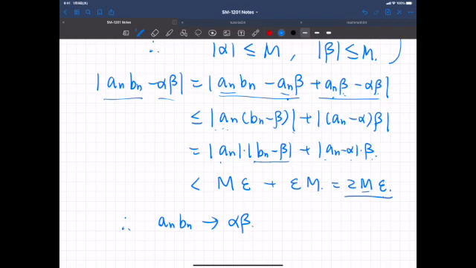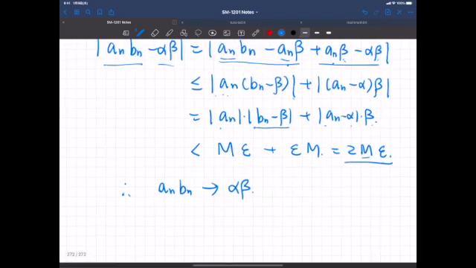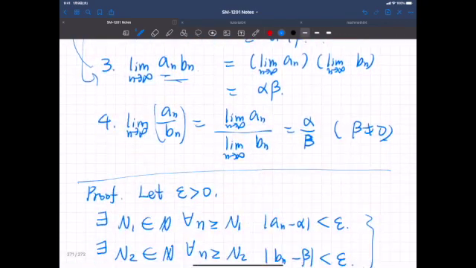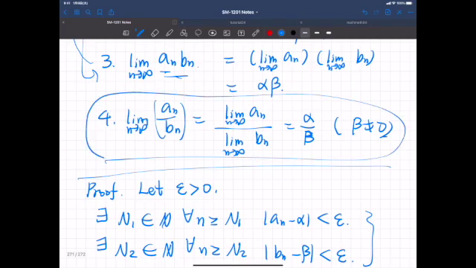To prove part 4, part 4 was this. We should be a little bit careful because it is given that beta is not 0, but it may happen that some bn may be 0. We have to carefully avoid such a case.